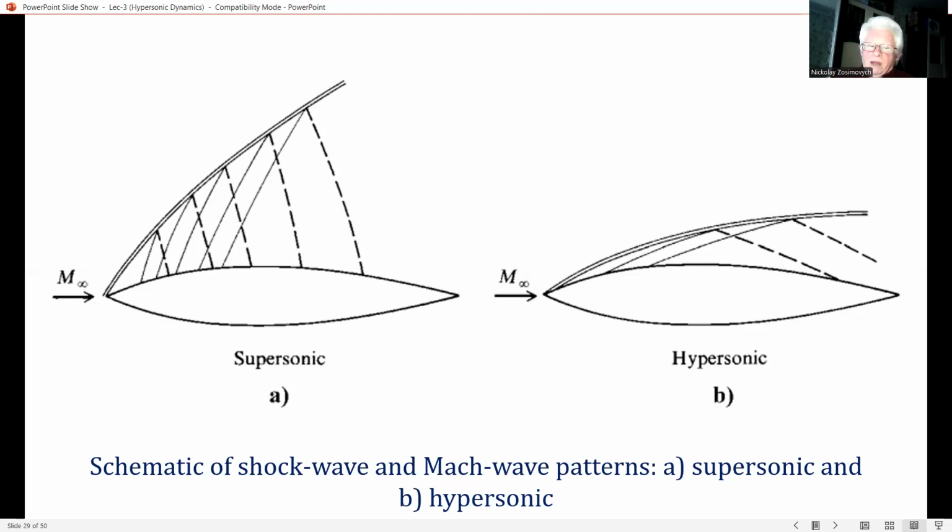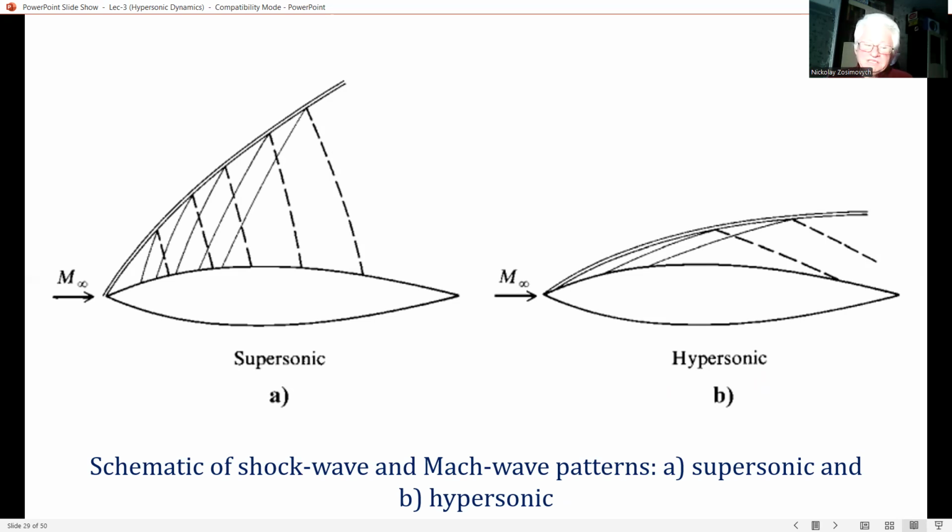Downstream of the shock wave, expansion waves are generated at the surface of the body and propagate outward, eventually intersecting the shock wave.